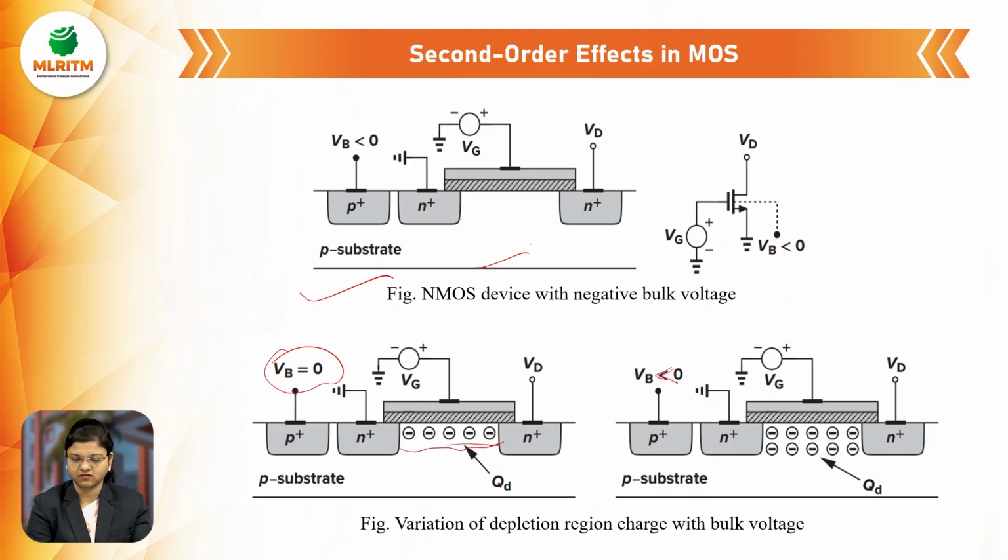If we change the body voltage to less than 0, the depletion region changes again. Because of the negative voltage, the depletion region will be widened, and as the depletion region widens, we require a higher VTH, meaning more threshold voltage.